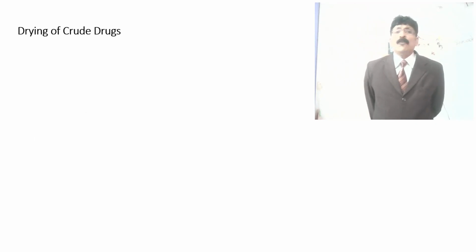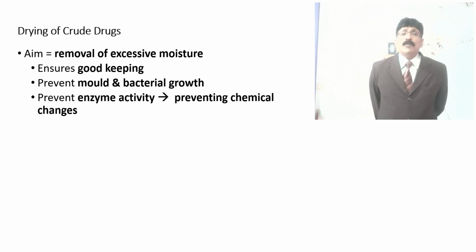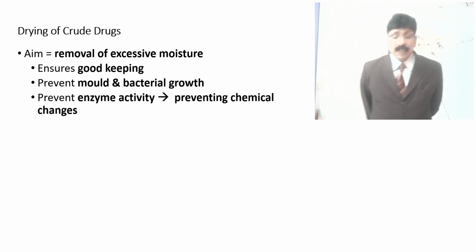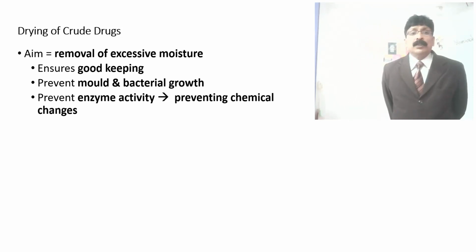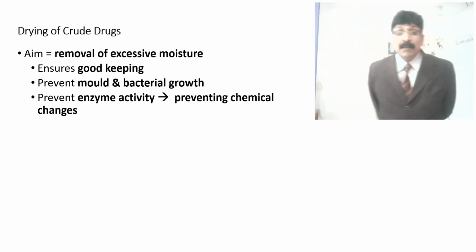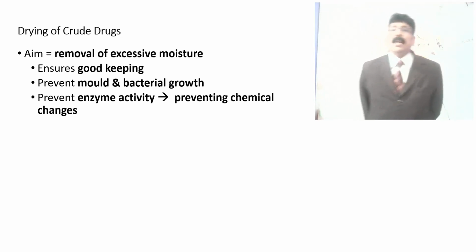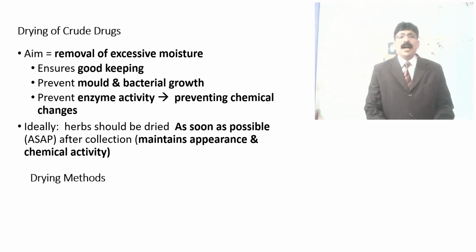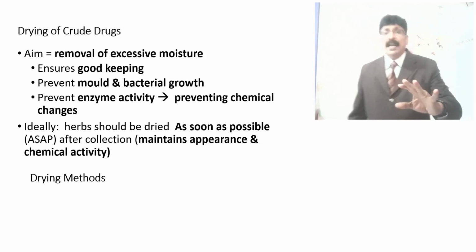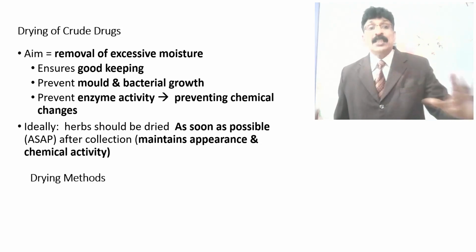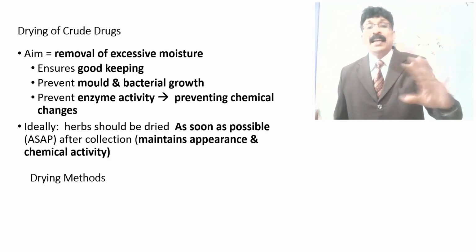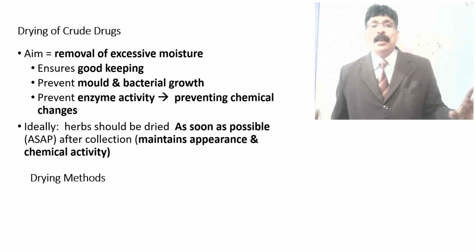Drying of crude drugs: aim to remove the excess moisture, ensure good keeping, prevent mold and bacteria growth, prevent enzyme activity, preventing chemical changes. Ideal herbs should be dried ASAP, as soon as possible, for collection, maintenance, appearance, and chemical activity.